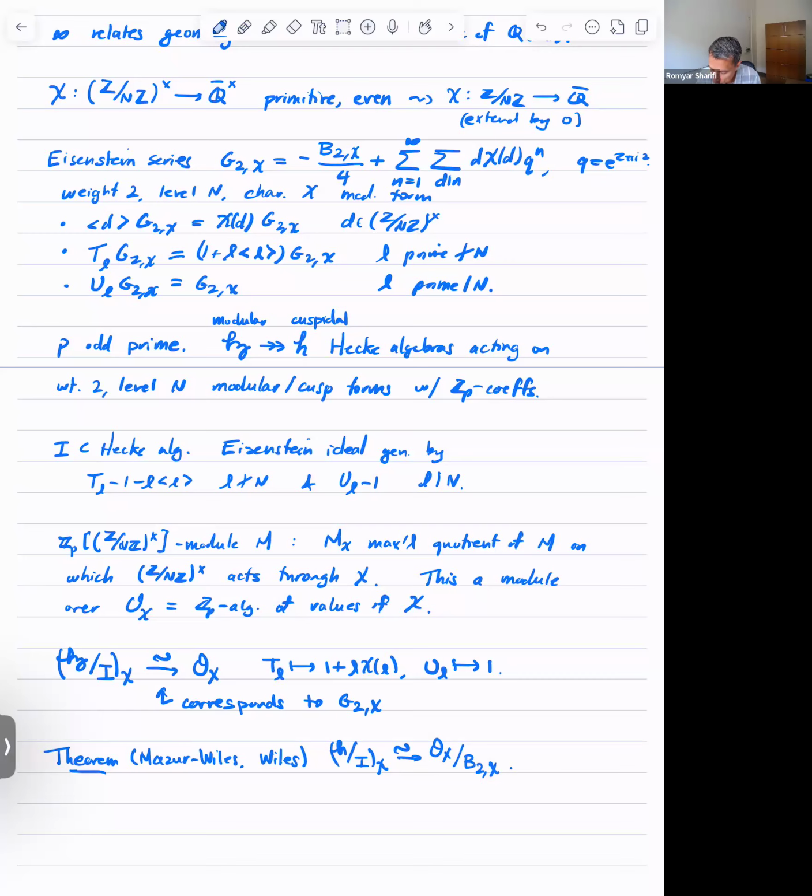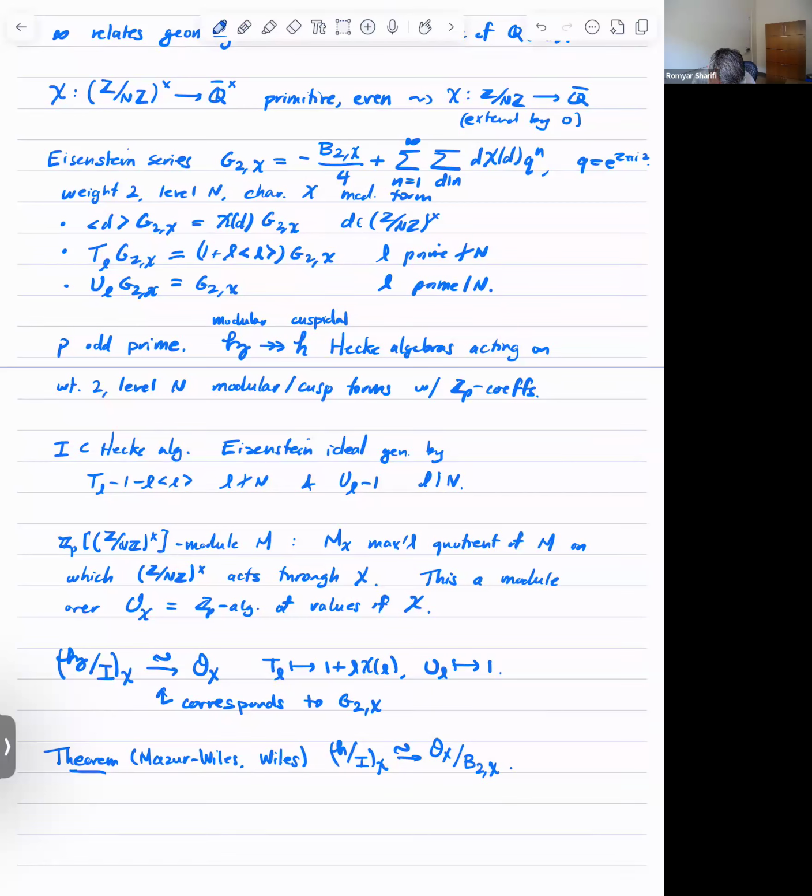Once we reduce mod the Bernoulli number, then we can have a homomorphism. So we essentially have a cuspidal modular eigenform valued in this finite ring. And that's the reduction of the Eisenstein series mod B_2 chi.